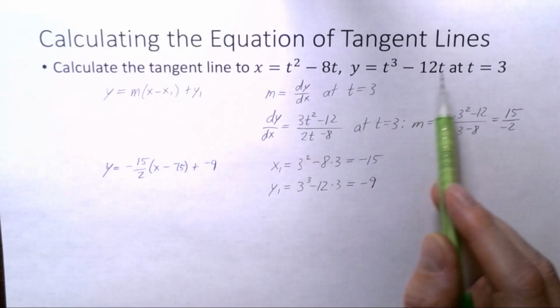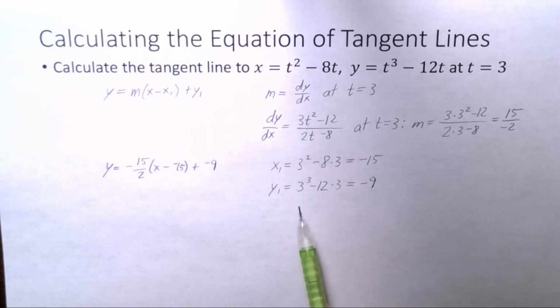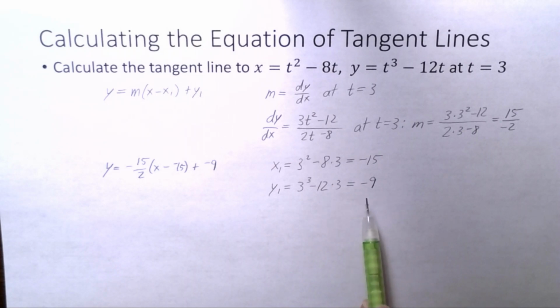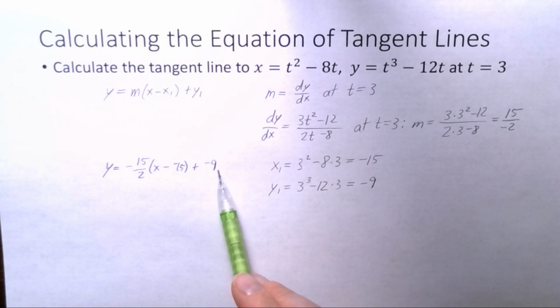Then we can plug t equals 3 into the y equation to find our indicated value of y, which goes in for y1. This now gives us the equation for a tangent line.